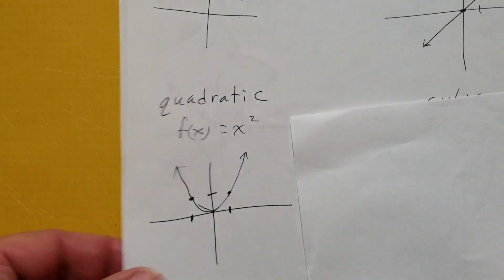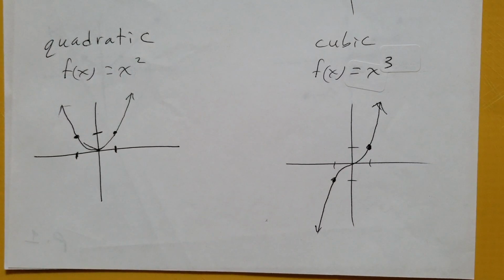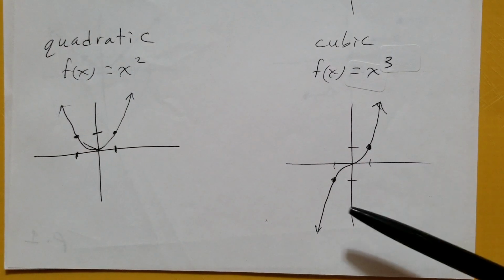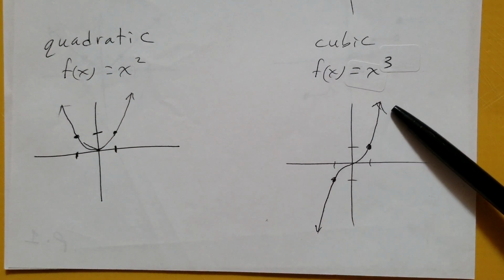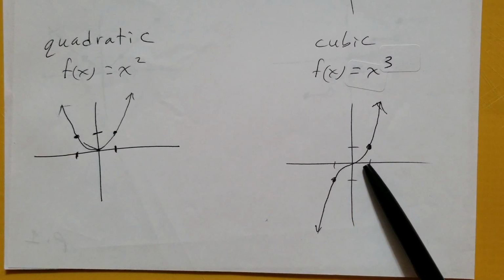Then we have the cubic function, and that one looks a little bit like a snake. Now keep in mind, so far, all of them, for x equals 1, y is 1.